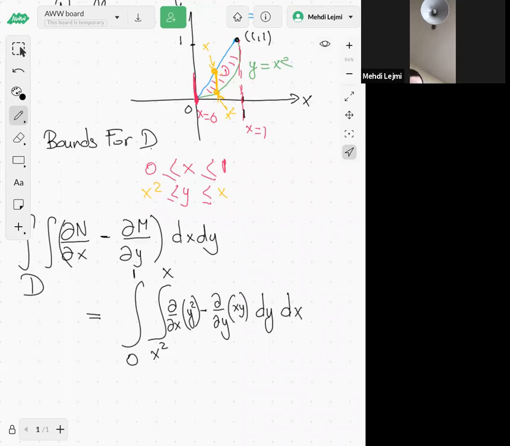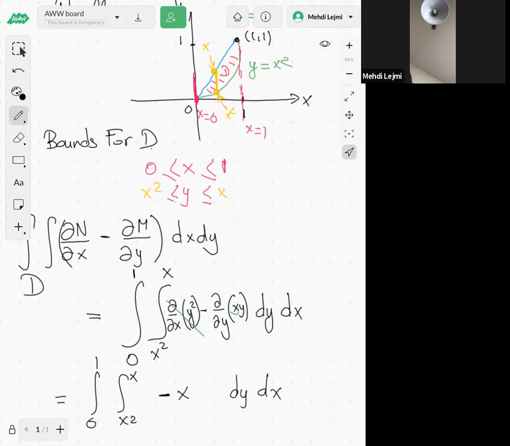So that will be equal to the double integral from 0 to 1, x squared to x, of the derivative with respect to x of y squared, and of course y is constant, so that would be 0. And here, x is a constant, so the derivative of xy with respect to y is just x. So that would be just minus x dy dx.